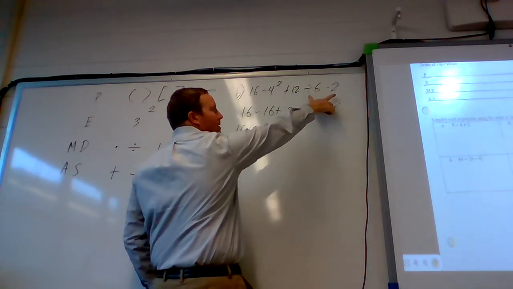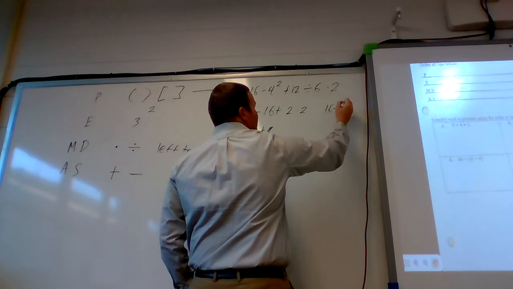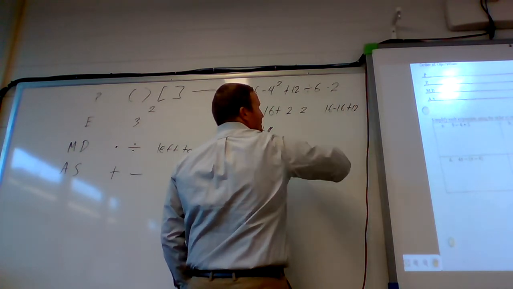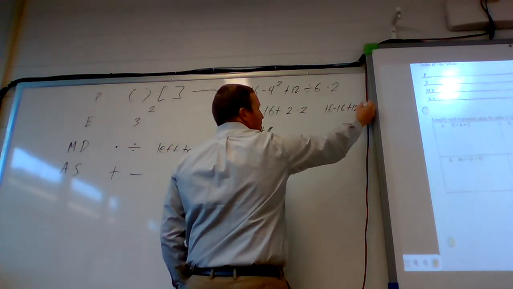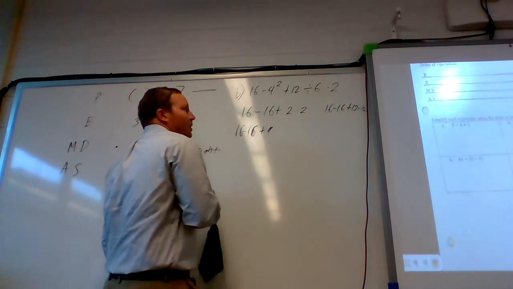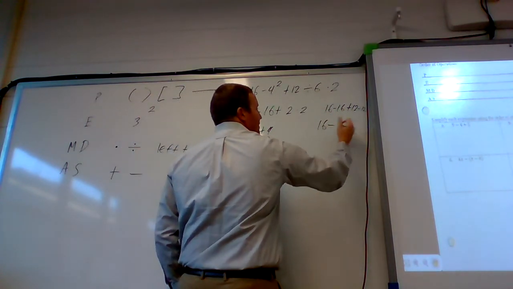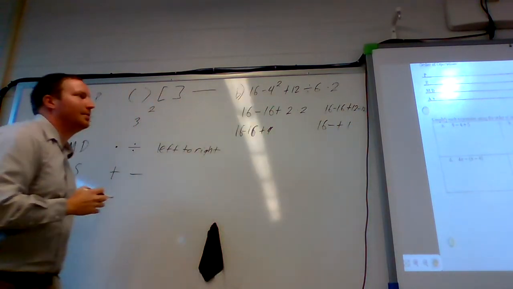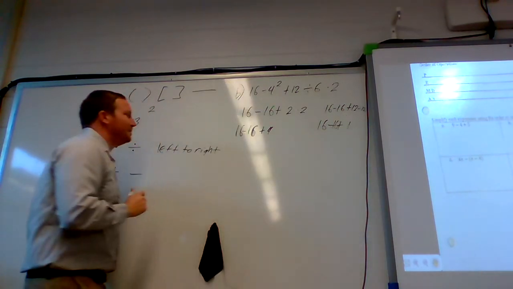If we did our multiplication first, we have 16 minus 16 plus, we have 12, 6 times 2. It's 12. What do we have? We get 1. So did that really work? What I was saying? You gotta go left to right.